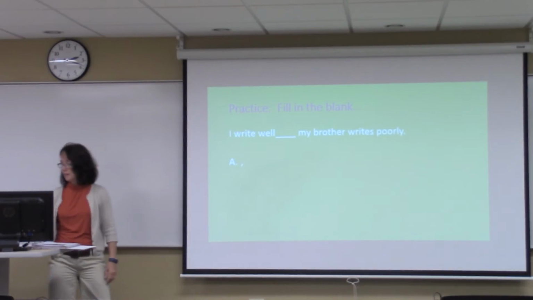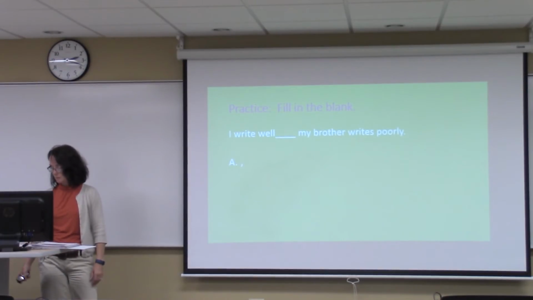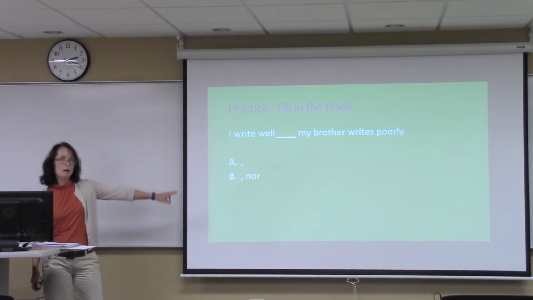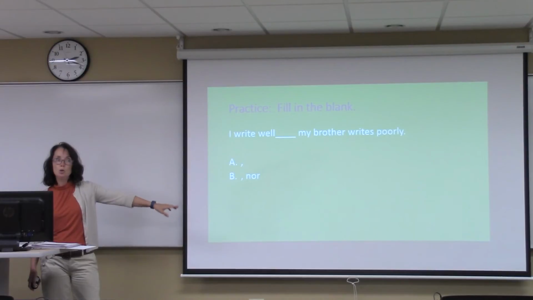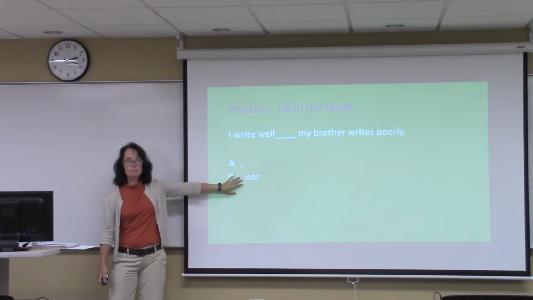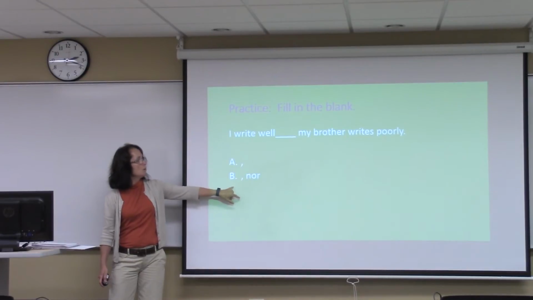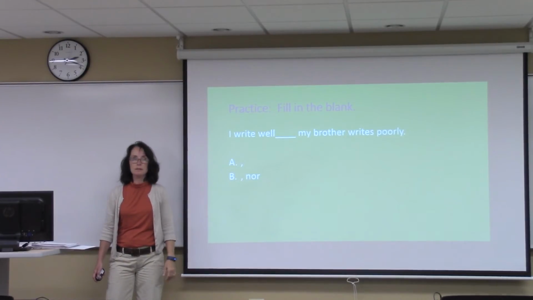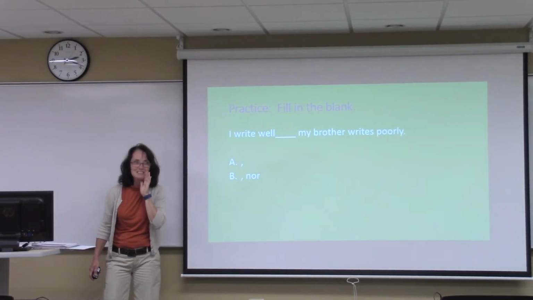If you look back on your handout, you see the 3 ways, and a comma was not listed. Comma nor could be, because that's a fanboy. I write well, nor my brother writes poorly. No, it doesn't make sense.